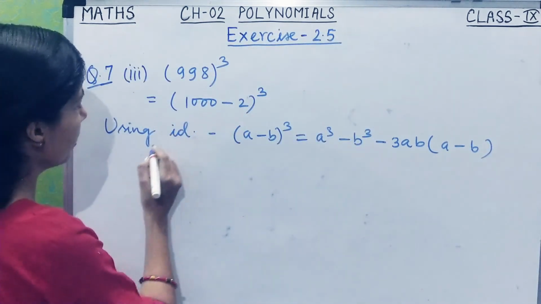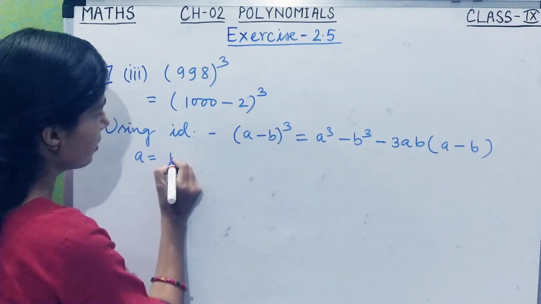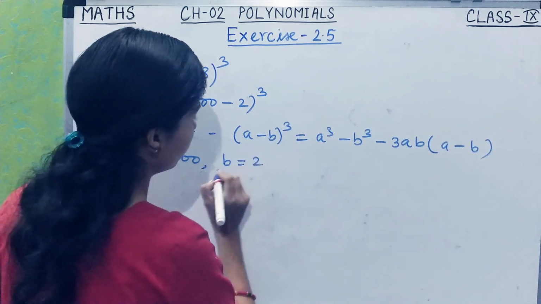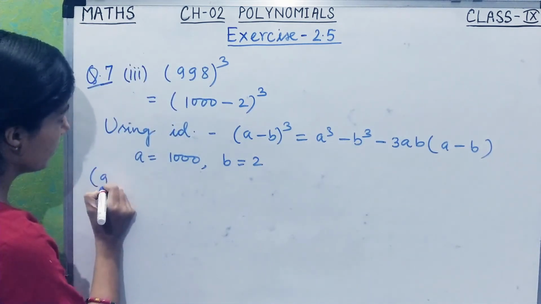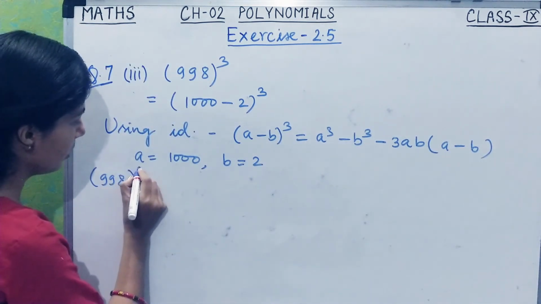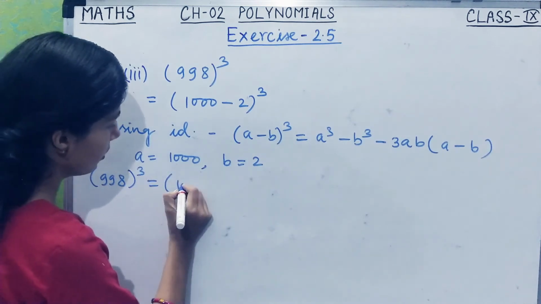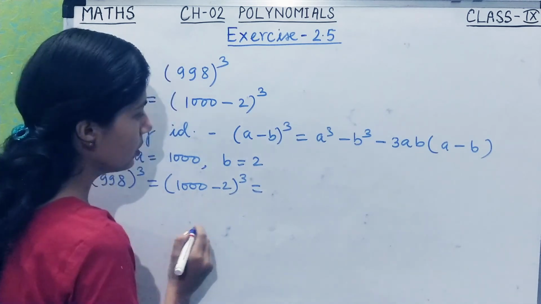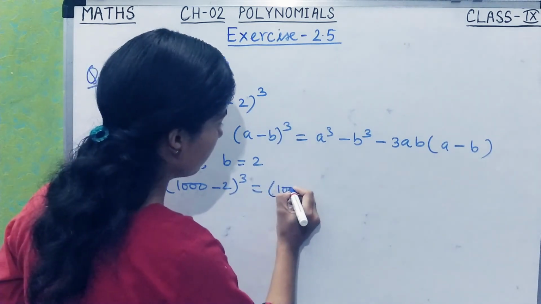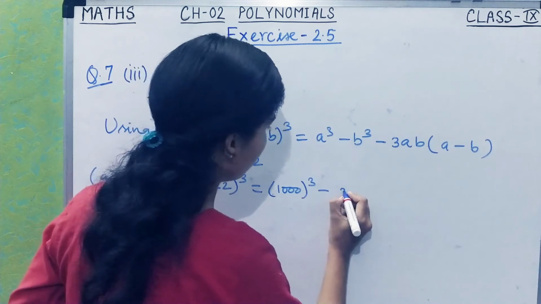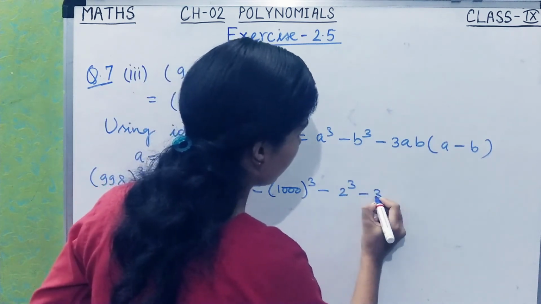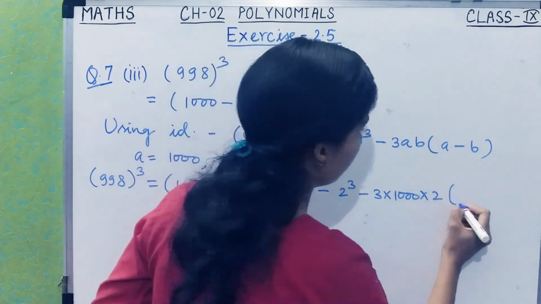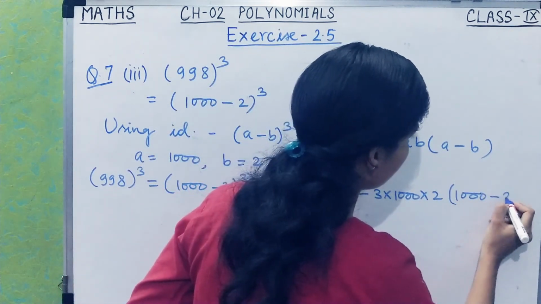So on comparing, we are getting here a as 1000, b as 2. So on putting, we are getting 998 cube, that we can write as 1000 minus 2 whole cube, and that will equal a cube means 1000 cube, minus b cube means 2 cube, minus 3 into a means 1000 into b, that is 2, and a minus b, so 1000 minus 2.